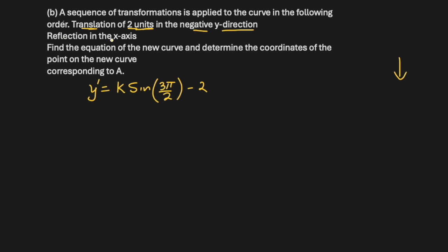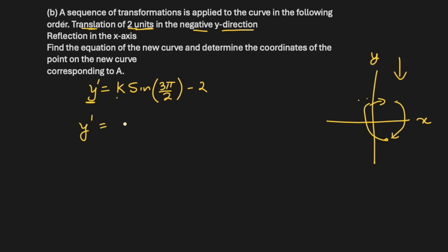Then we have to reflect on the x-axis. So this is the x-axis, this is the y-axis. When we reflect, the points down there become positive, and the ones which are positive y's become negative. That means the y changes, and the whole of it is y. So if I want to reflect it, I can write it like this: minus k sine 3 pi by 2 minus 2 inside.